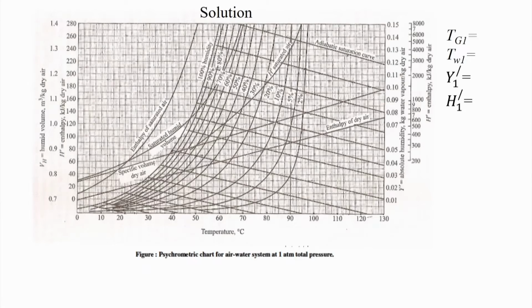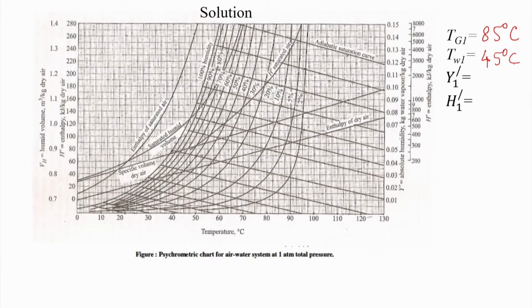First of all, we need to find the humidity and enthalpy values for the given problem. Say Tg1 is 85 degrees Celsius, as given in the problem, and Tw1 is 45 degrees Celsius.